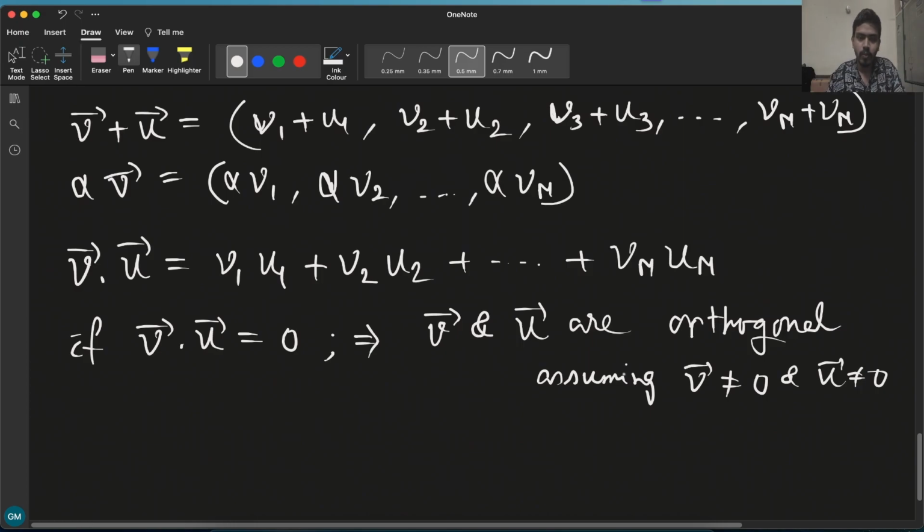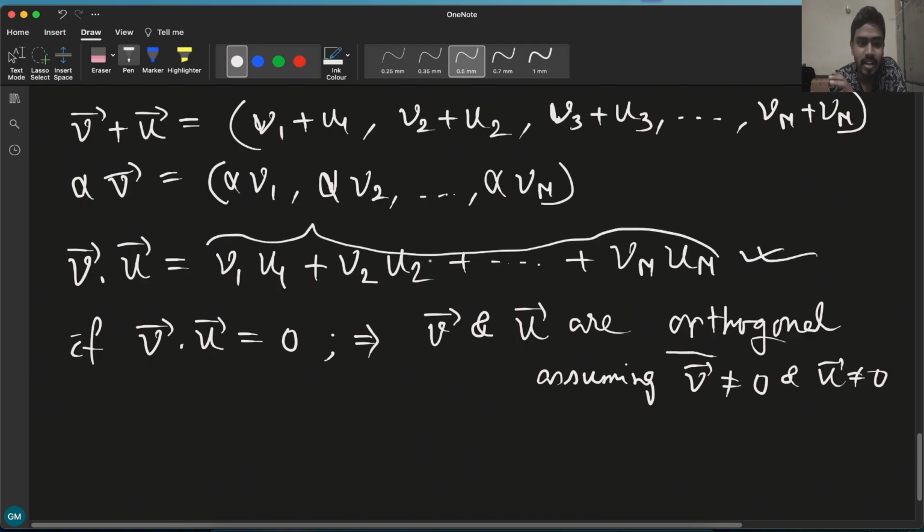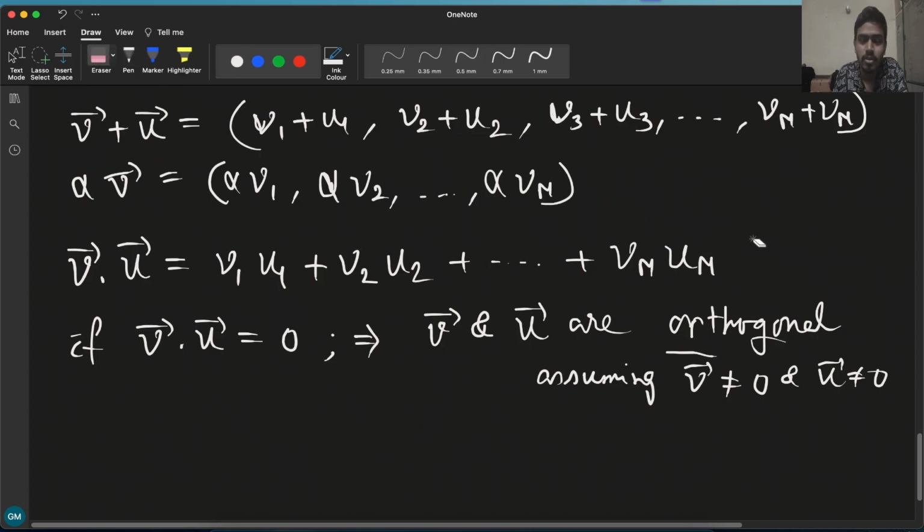But we are saying they are orthogonal, though there is no sense of directionality here. It is just the algebra. If this term is 0, then we say they are orthogonal. We don't expect to see any angle between them that will be 90 degrees, because there is no such picture.